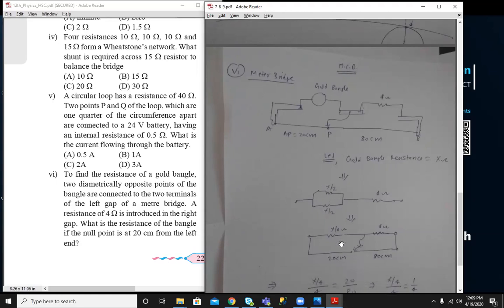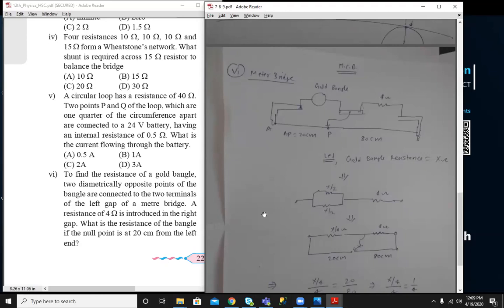So half of x by 2 is x by 4. It is a shortcut. For example, two resistances of 4 ohm connected in parallel give an equivalent resistance of 2 ohm.